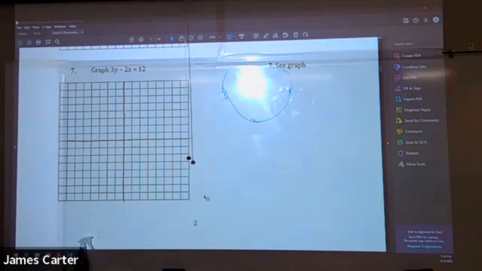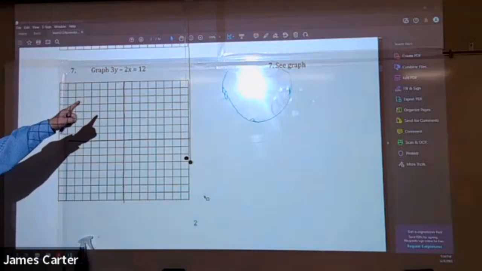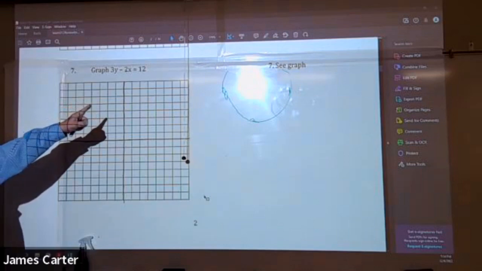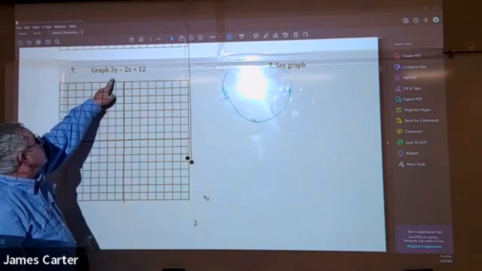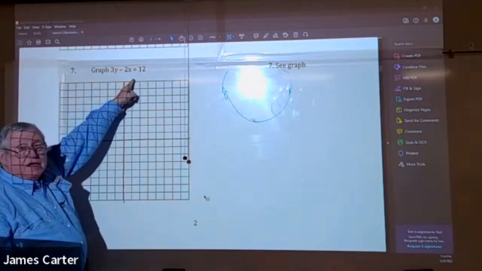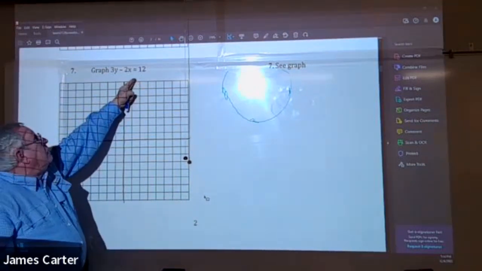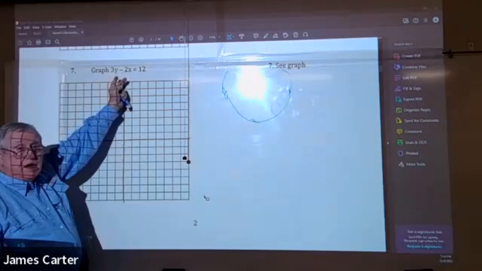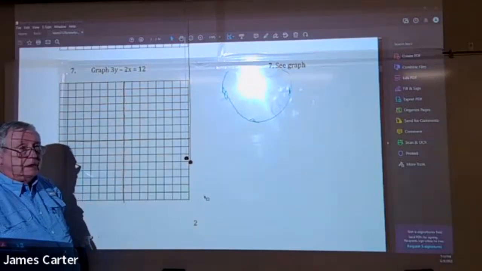Okay, here we go. Well, this one, there are two ways we can graph it. If they say graph the intercepts, then what we have to do is substitute 0 for y, find out what x is, then plug in 0 for x and find out what y is, plot those 2 points and draw the line.